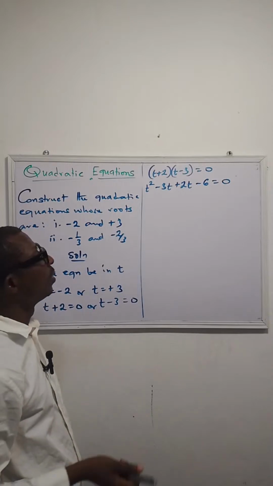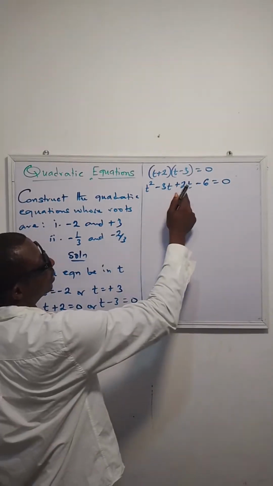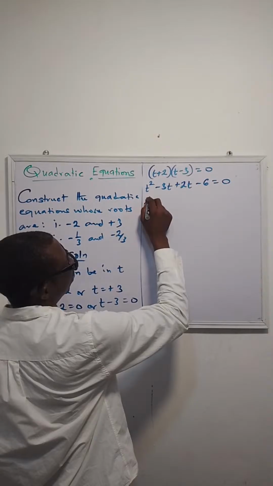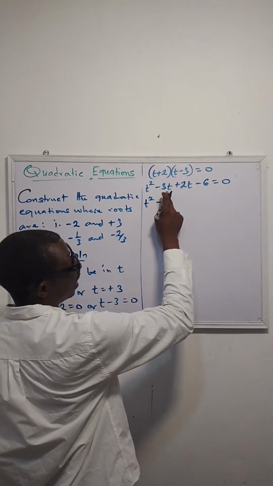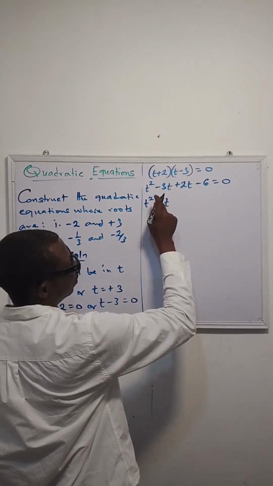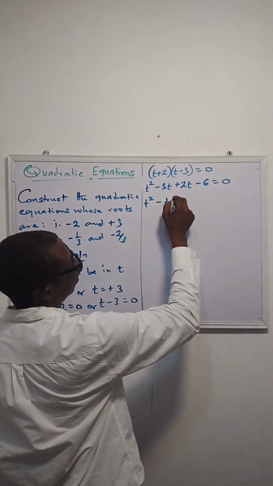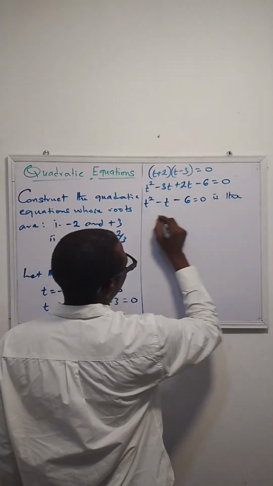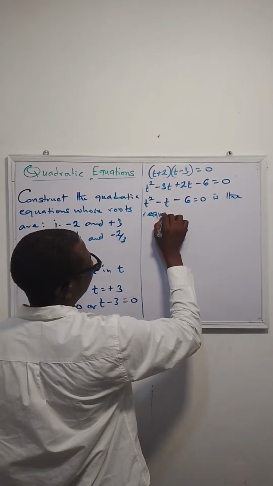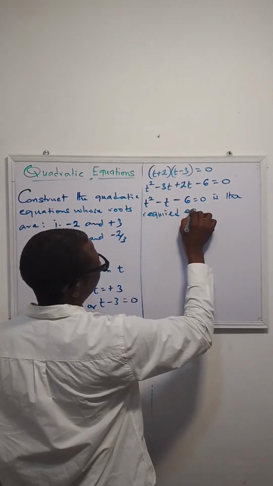All right. So what's the next thing? Now when you look at this, these are similar. So we have t squared minus t, because -3t plus 2t gives you -t. Minus 6 equals 0 is the required equation.